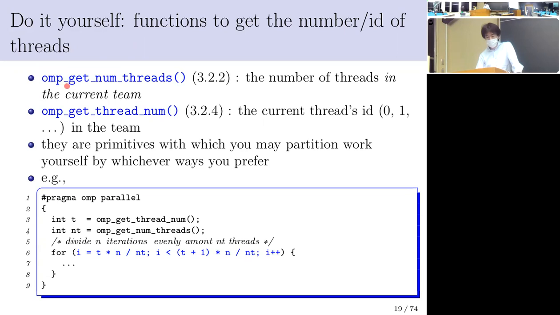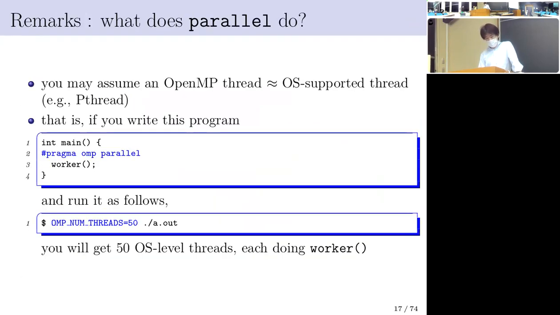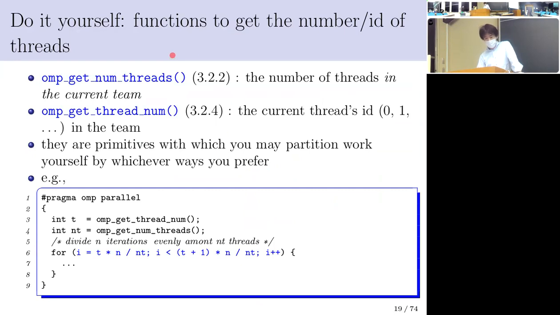One is a function called omp_get_num_threads, which returns the number of threads in the team you are in. For example, in this setting, when any of these threads calls omp_get_num_threads, it gets 4. The other API is omp_get_thread_num, which returns the ID of the calling thread in the team it is in.